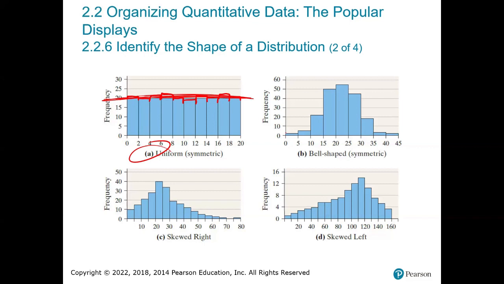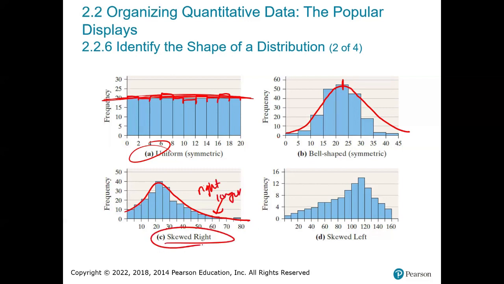Okay, a bell shape. This is that bell-shaped normal curve. Highest in the middle, trails down on the 2 ends. These next 2 are called skewed graphs. If you were to draw the curve above it, the right is longer. It has a right tail that is longer, so it is skewed right.